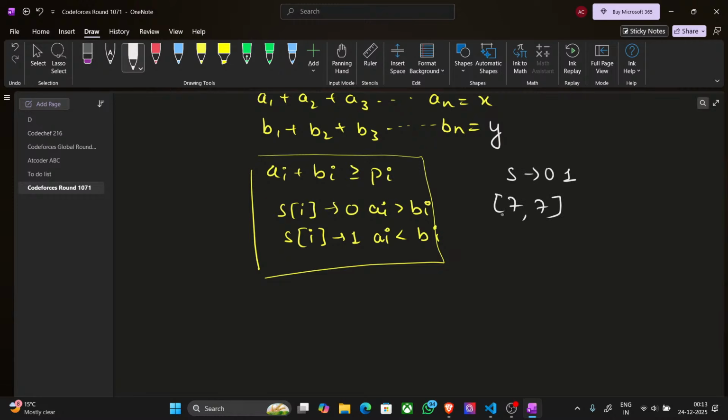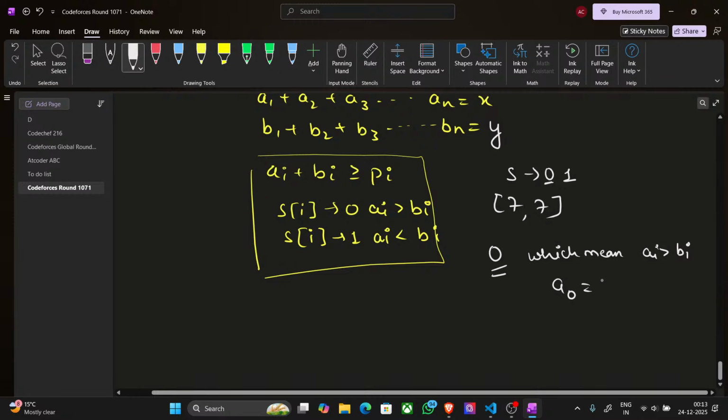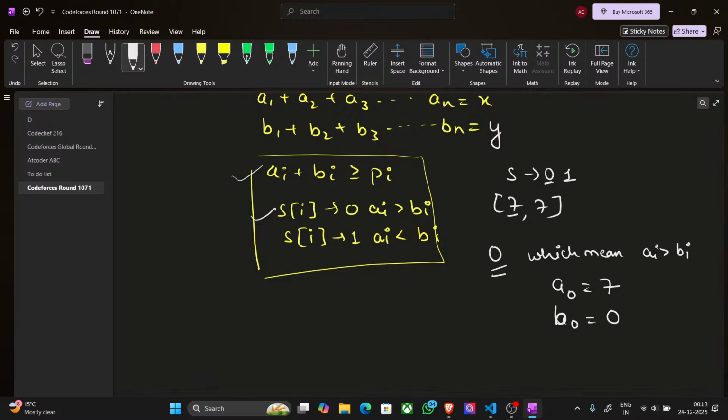If I see the first element of s, it is 0, which means ai must be greater than bi. So I will put a0 as 7, which is the current p0, and b0 as 0. So this inequality is satisfied, and a0 plus b0 is greater than or equal to p0.